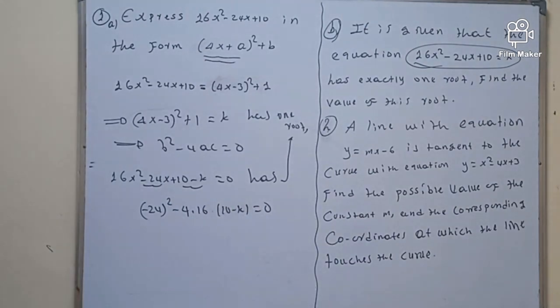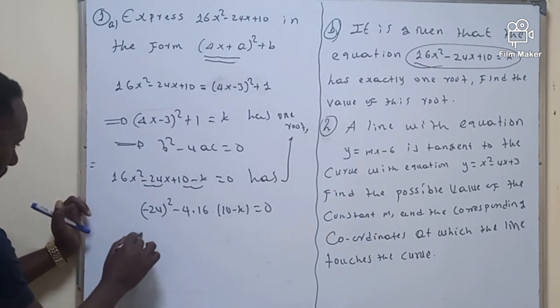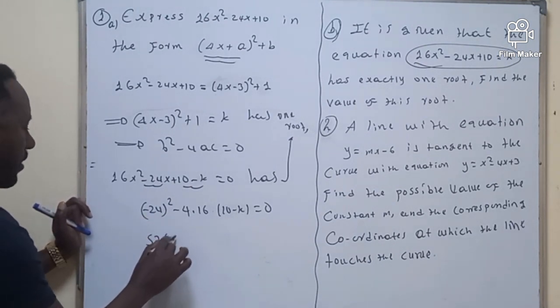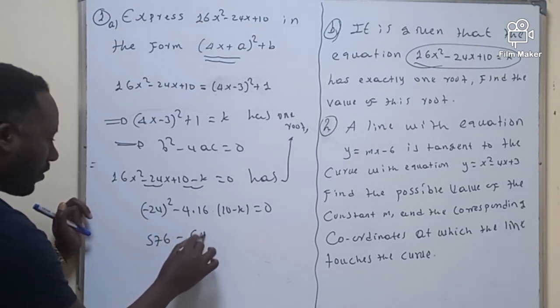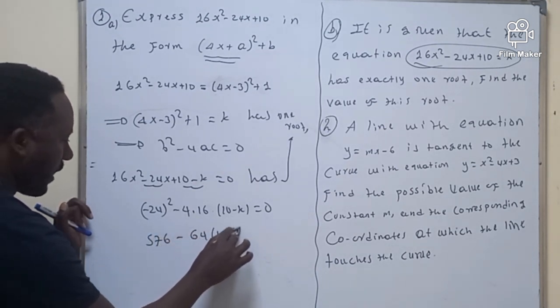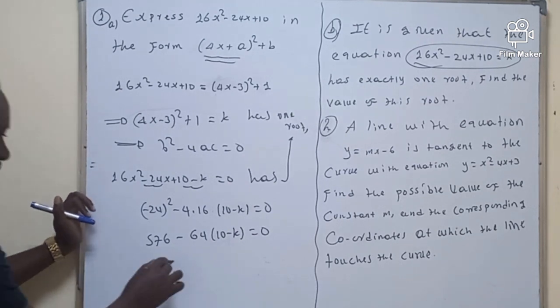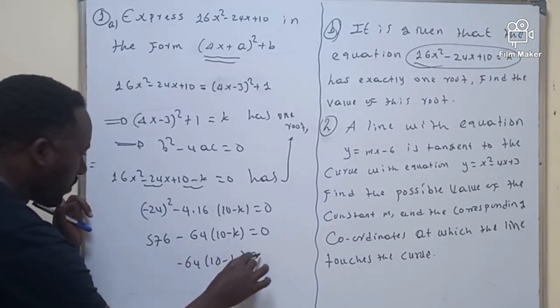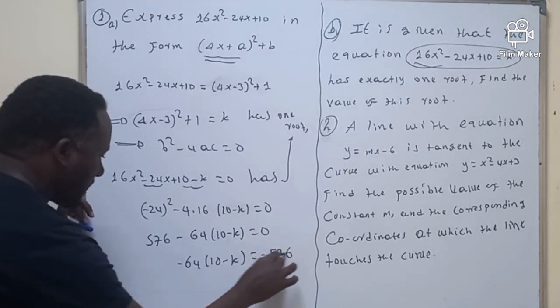First we need to find the value for K. Now this means that 576 minus 64 times (10 minus K) is going to be 0. So negative 64 times (10 minus K) is negative 576.